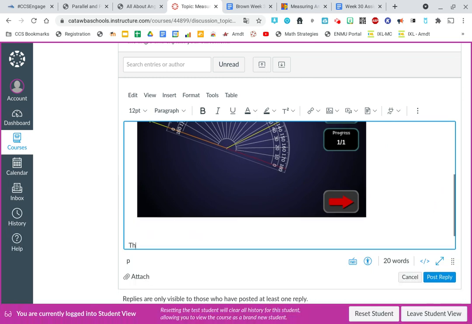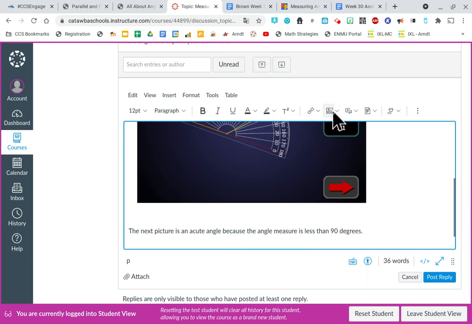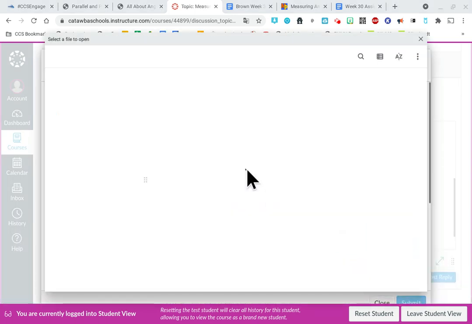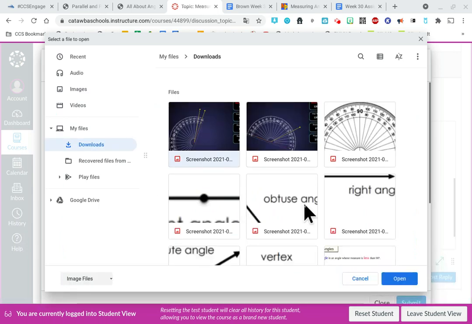And I'm going to put the next picture is an acute angle because the angle measure is less than 90 degrees. And then I'm going to press enter, and I'm going to go right here, and I'm going to click upload image, and I'm going to click on my next image.